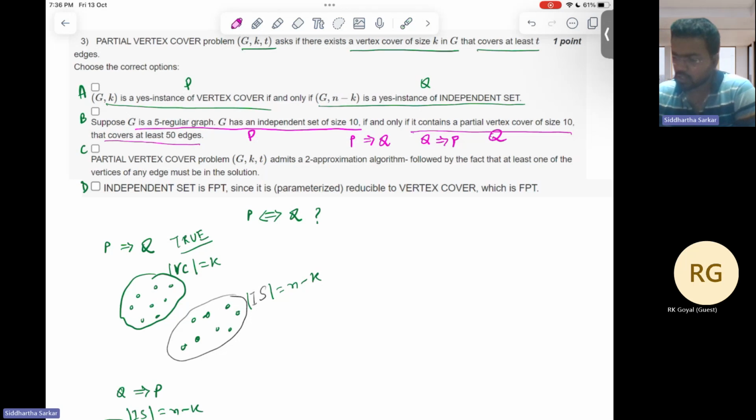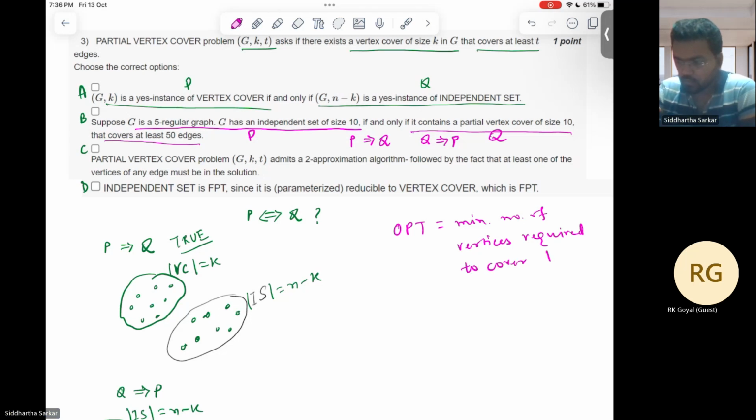Let's define OPT. OPT is the minimum number of vertices required to cover t edges in the graph.